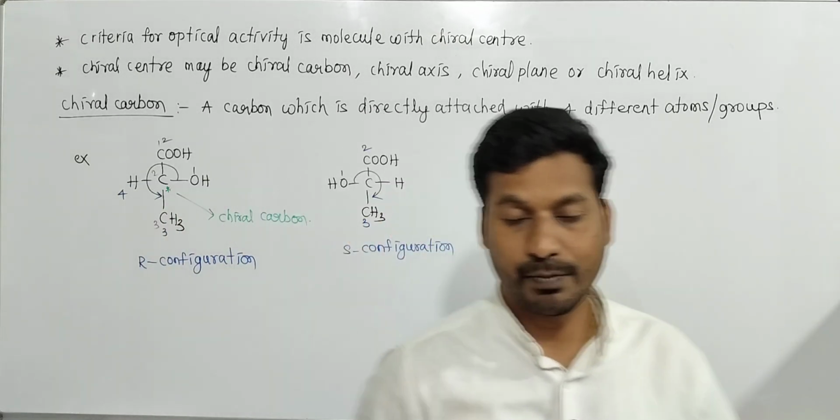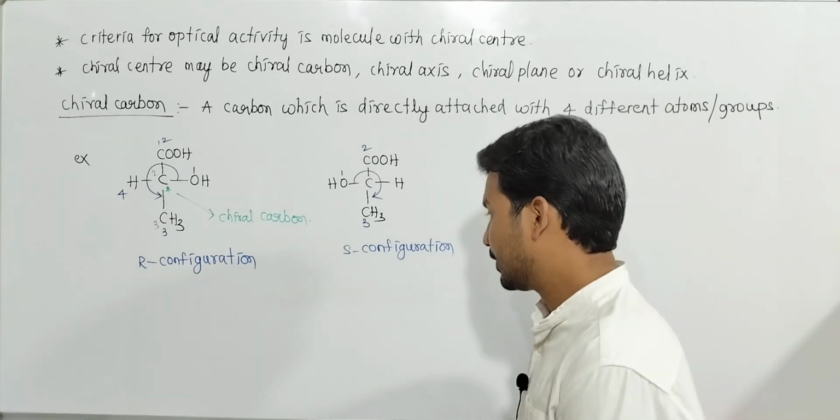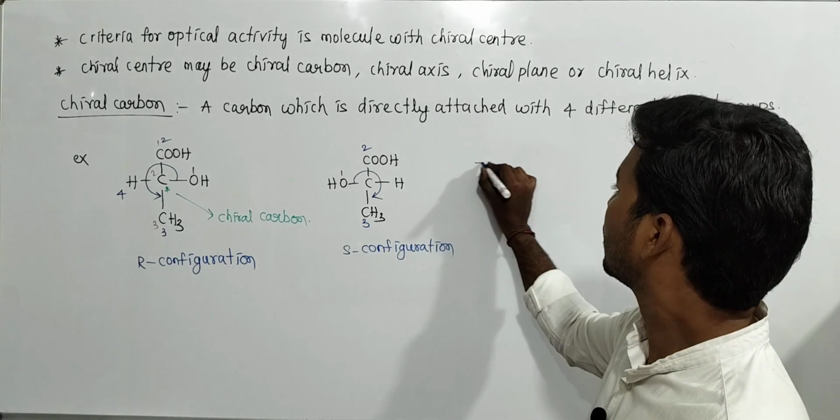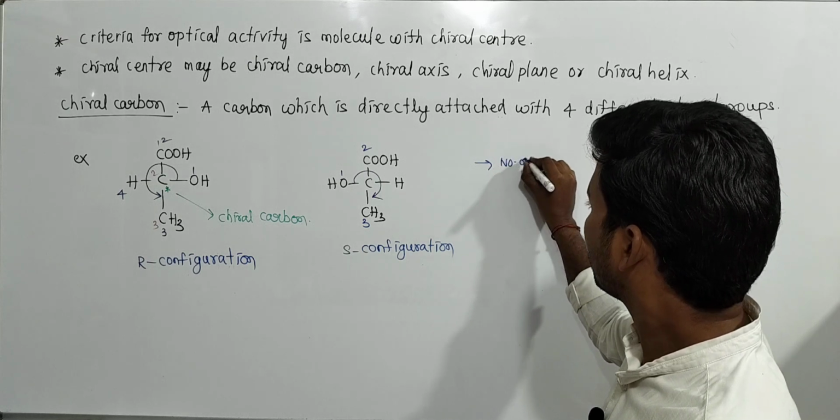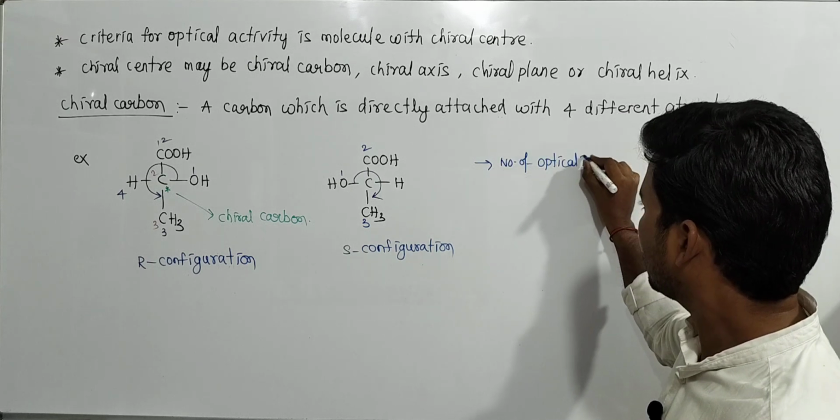Then how many optical isomers are possible? Number of optical isomers, which means enantiomers.